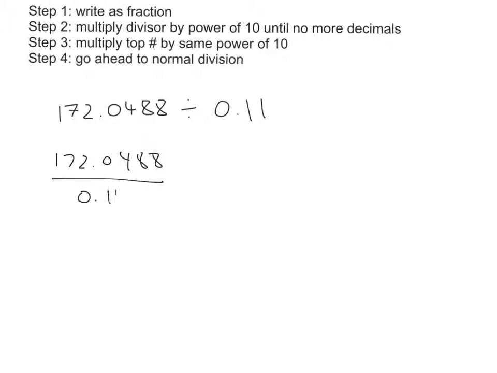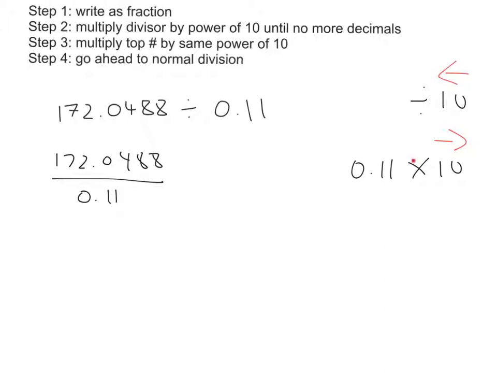Okay. And the next step is multiply divisor, which is this one down here, by power of 10 until no more decimals. Now, if you remember, we know that whenever we multiply, we jump to the right. With division, we jump to the left.